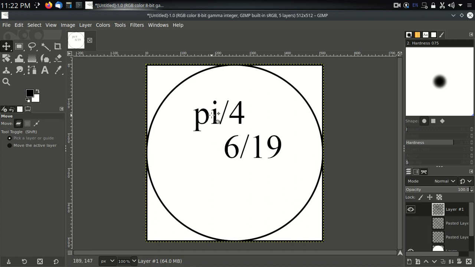So saying this, pi per 4, 6 per 19, that's a very good way to say this, right? And when you say it that way, it makes it very obvious that the top, the numerator, is a number, and the bottom, the denominator, is not a number, and the whole thing together is not a number.